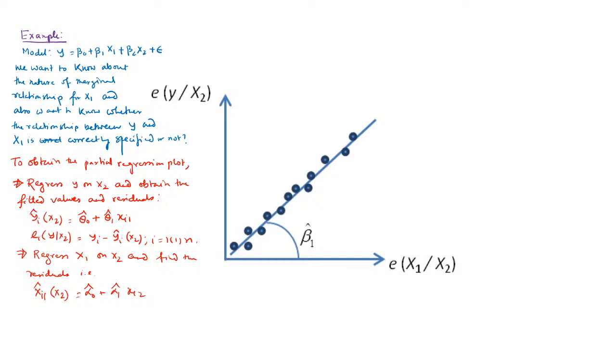Sir, in the case of a curvilinear partial regression plot, the model may be, but how to determine? Okay, I am answering your query. The partial regression plot just tells you whether xj is linear or not. If it is not linear, it doesn't imply it is just quadratic form. It may be quadratic, maybe cubic, I do not know. You need to find out.